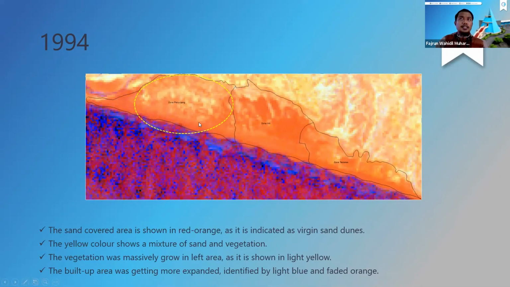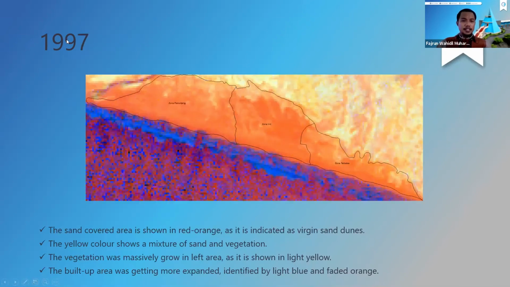Actually, this is a misunderstanding by the authority in Indonesia about critical land. The sand dune was classified as critical land at the time. So the government tried to recover it by planting vegetation in the sand dunes.